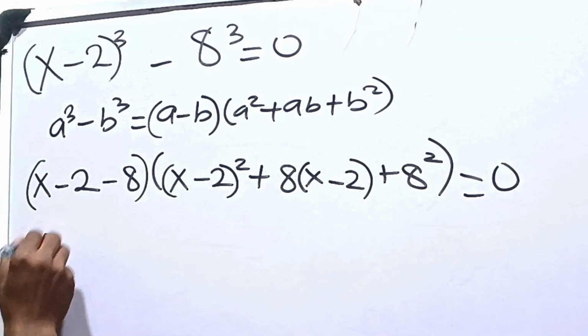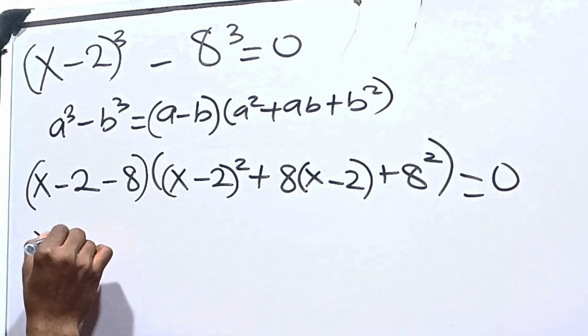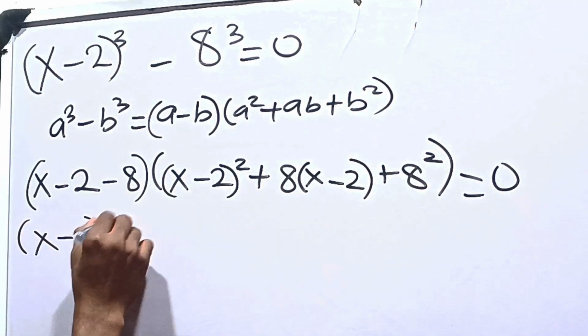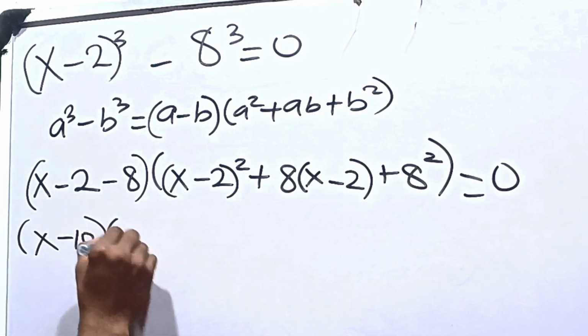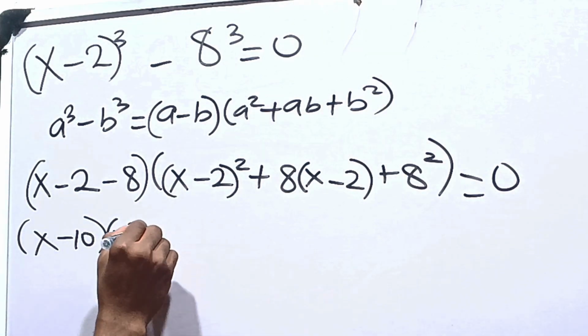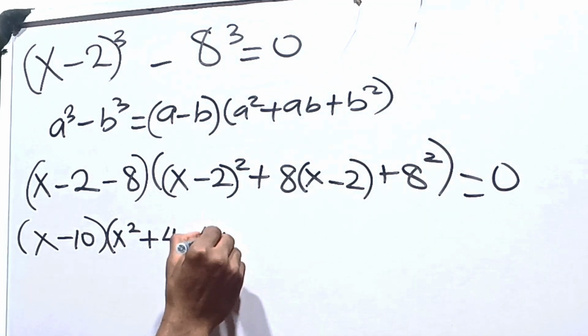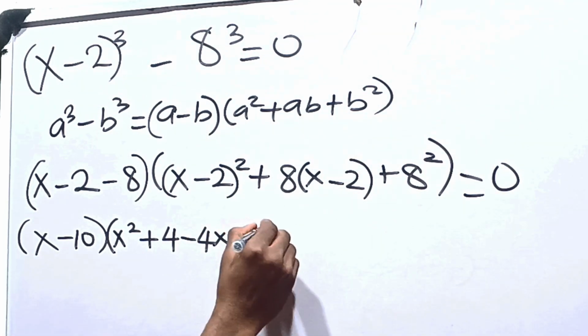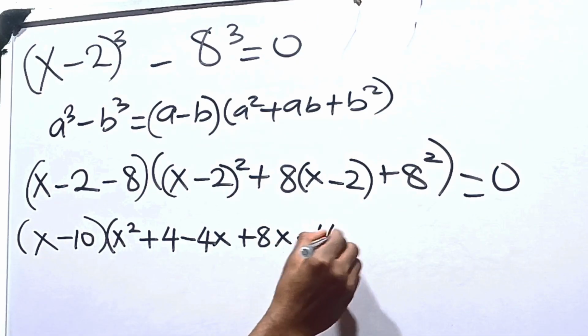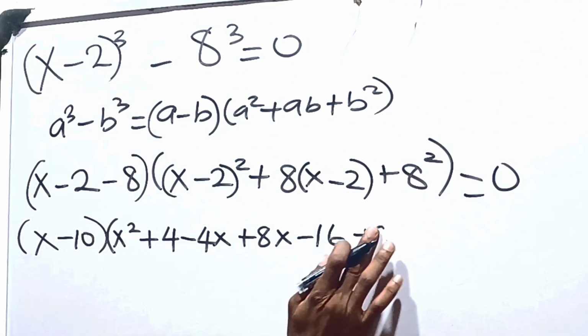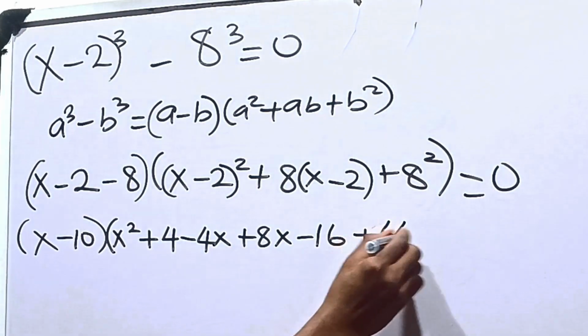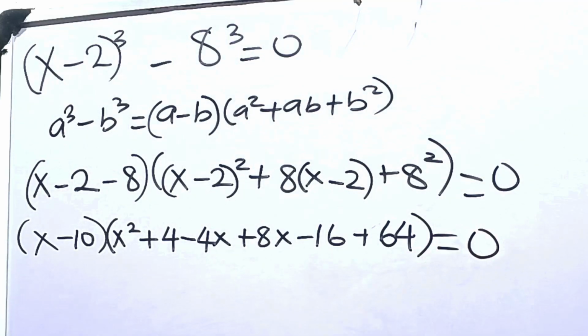This is now x − 2 − 8, which is −10, multiplied by x squared plus 4, then minus 4x plus 8x minus 16 plus 64 equals 0.